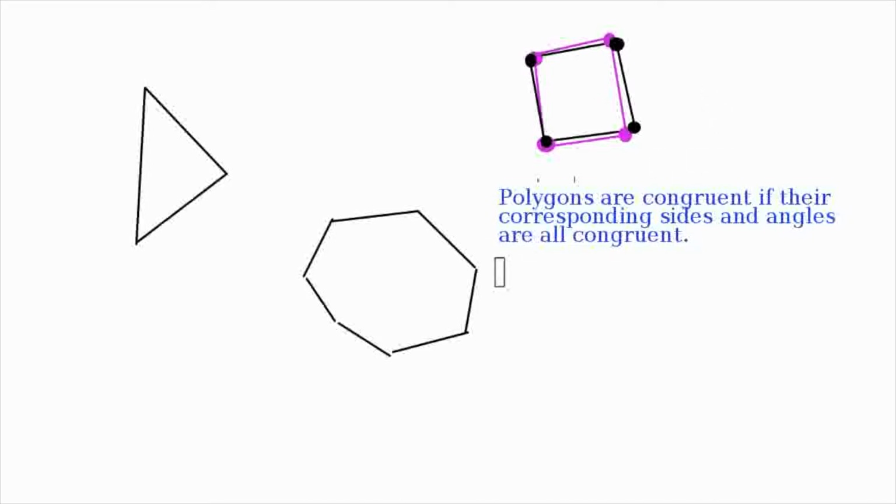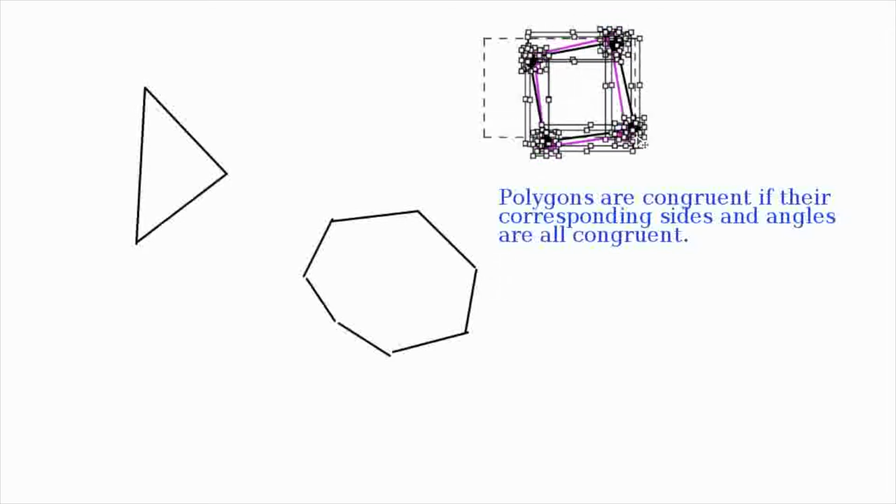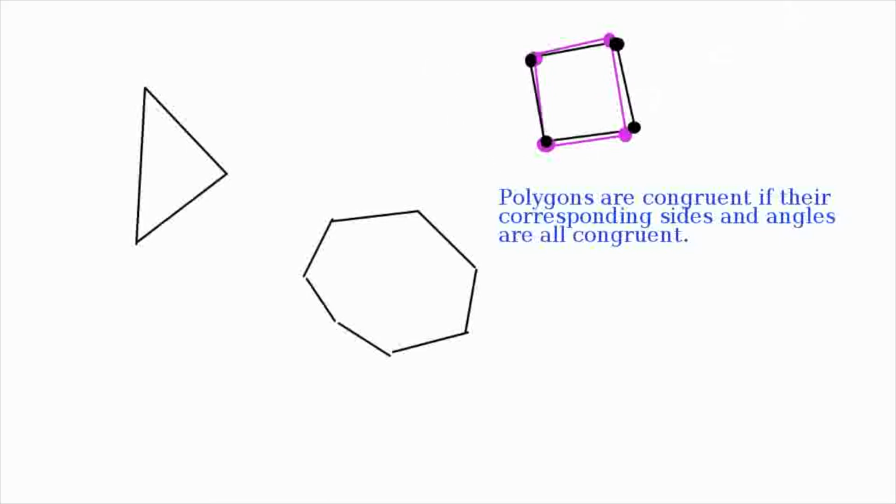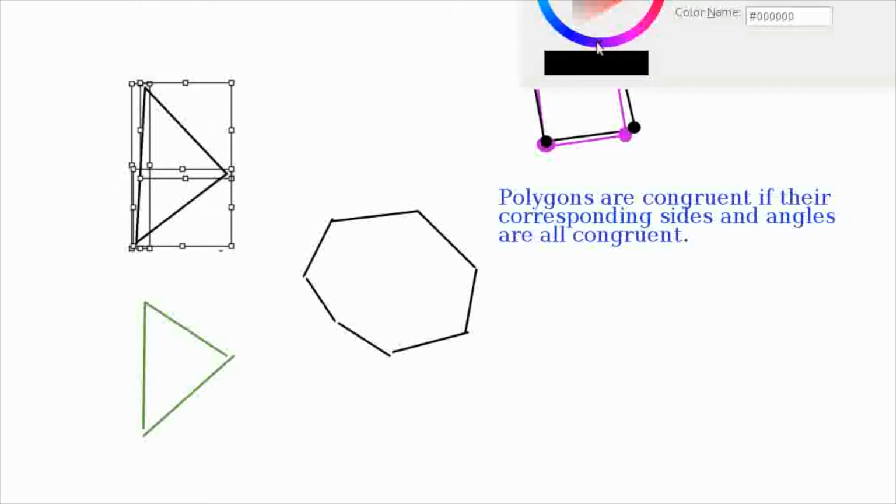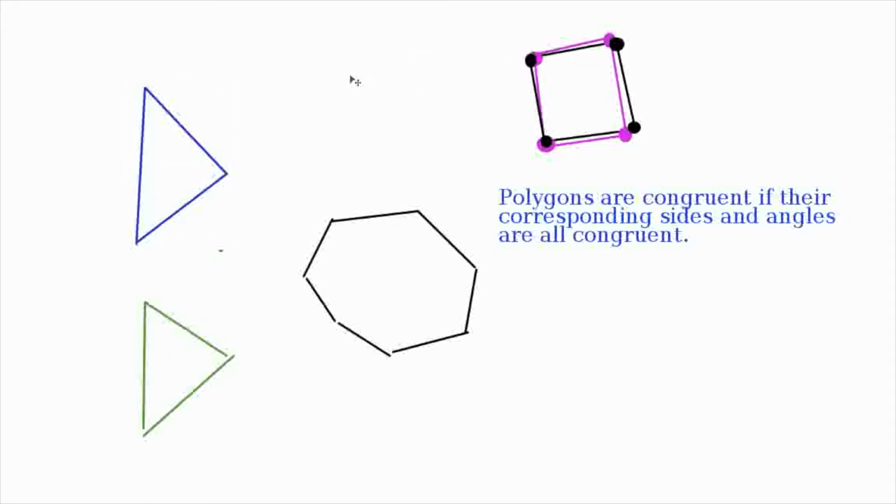What might be unclear is, what do I mean by corresponding? Let's talk about that. If I have a polygon and another one and I think they're congruent, let me make a congruent polygon to one of them that I drew here. Suppose I wanted to confirm that this green polygon and this blue polygon were congruent.